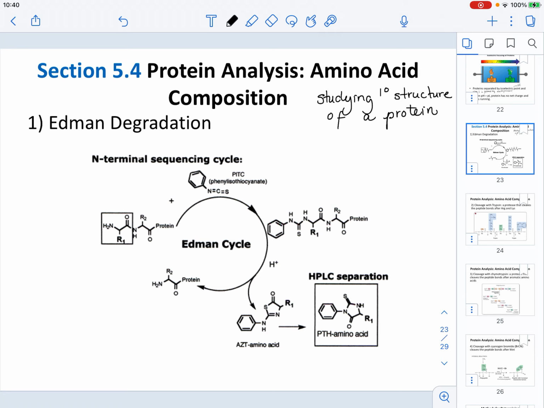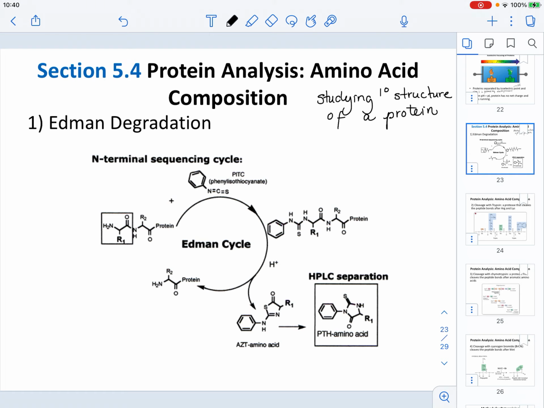of a protein. The first technique that we are going to see is Edman degradation. So at this point, you're just trying to verify that the protein of interest has the correct sequence of amino acid. And Edman degradation specifically is going to do so in the following manner. Edman degradation is actually a sequencing technique. You will be looking at the sequences of amino acid one at a time.